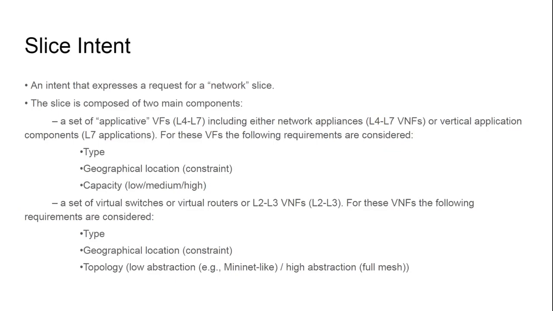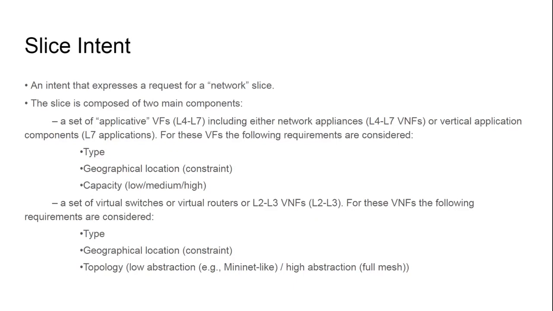The slice is mainly composed of two components, a set of applicative virtual functions, which we consider with the following requirements: the type, the geographical location, which is constrained, and the capacity of the virtual machine that will host the VNF. And then the slice contains also a set of virtual switches or virtual routers, which are characterized by their type, their geographical location, and also how these virtual switches are connected among each other.